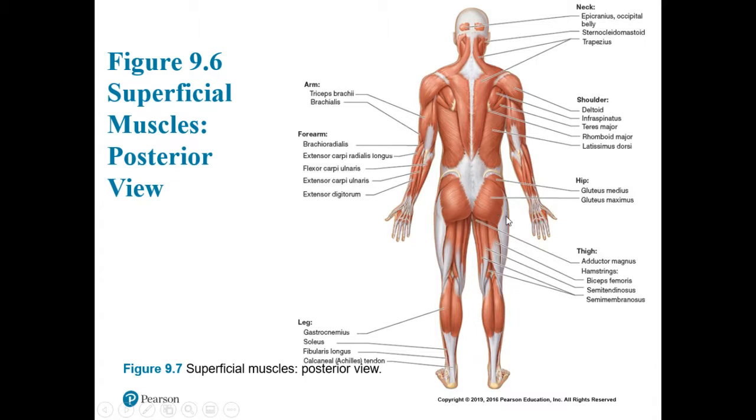So their contraction pulls in that direction, towards the midline. And then look at their insertion. They insert onto the lateral end of the tibia here, to allow you to bring your leg back to anatomical position from a few different movements.